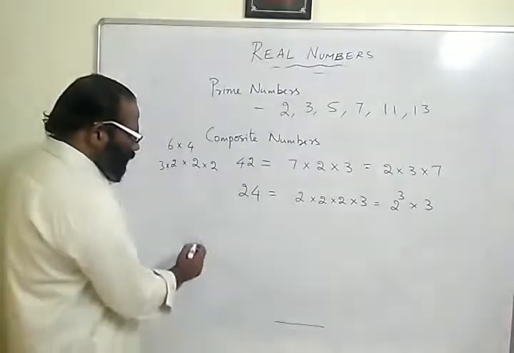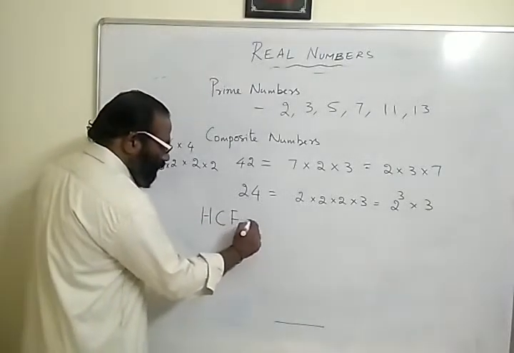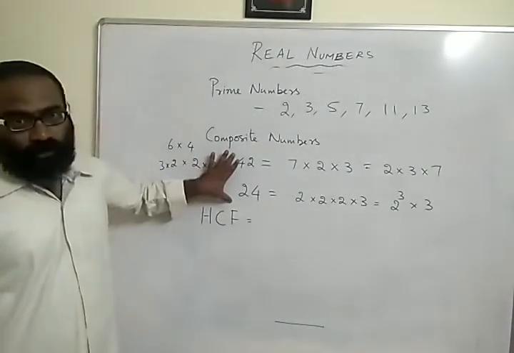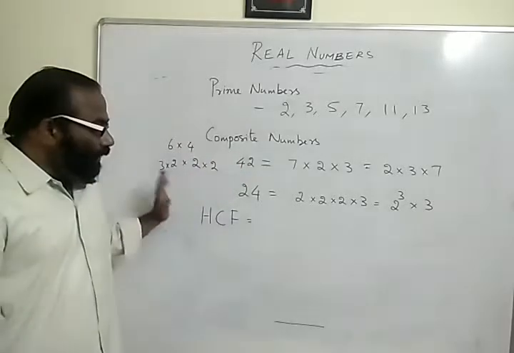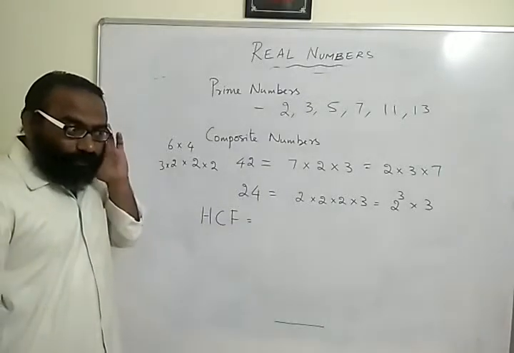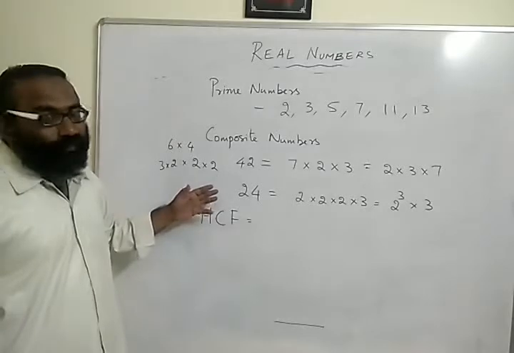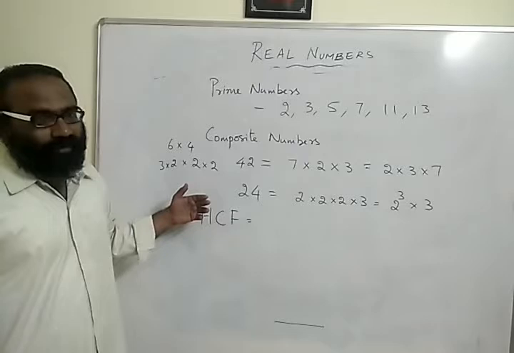Now let us look at HCF. What is this term? It is highest common factor. Suppose I have two composite numbers, or two numbers, one of which may be a prime also. If both of them are primes, the highest common factor would be 1.